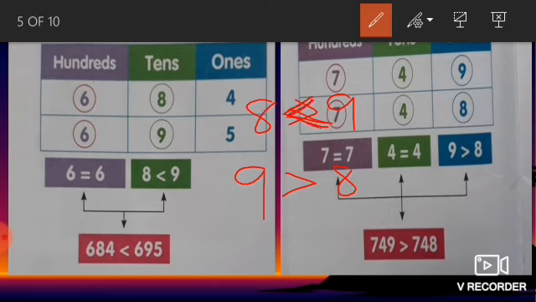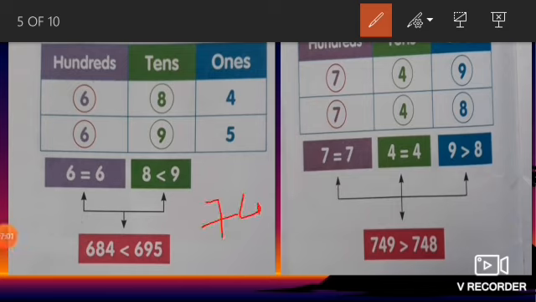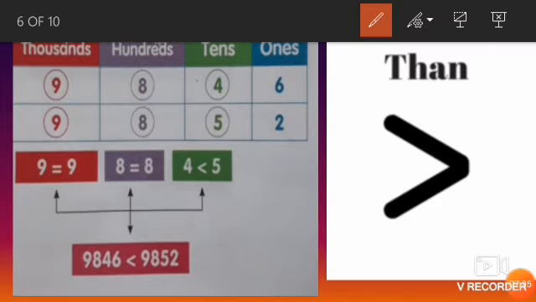So by looking at this, you can conclude that 749 is the biggest number. So we write it as 749 is greater than 748. One digit is different in both the numbers. 749 is greater than 748.